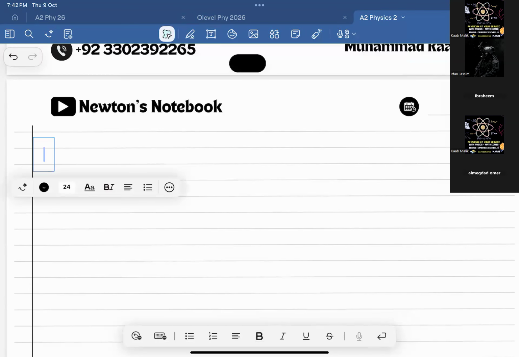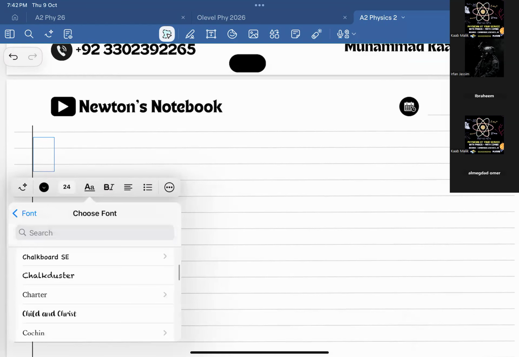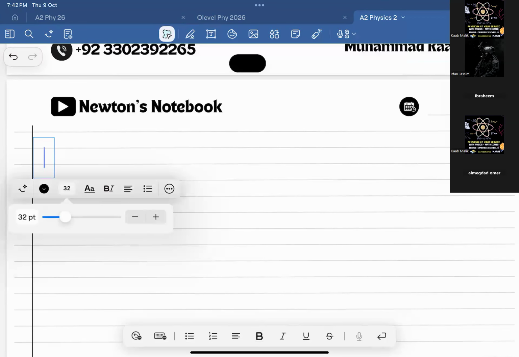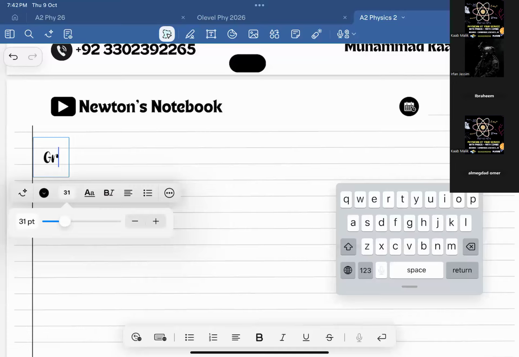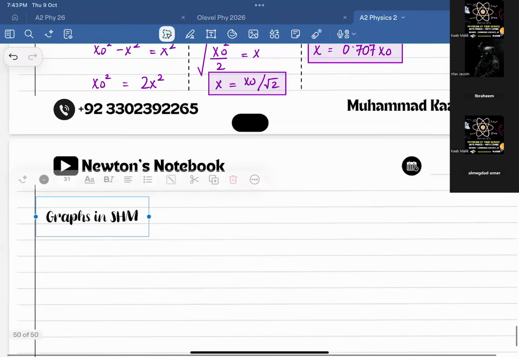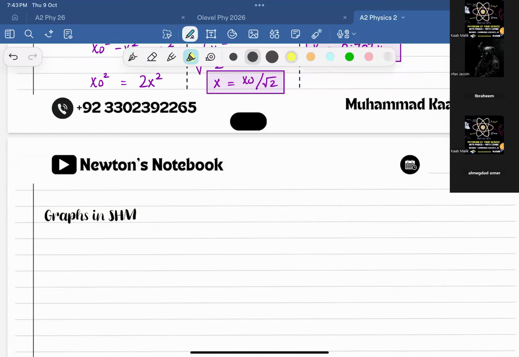I have these graphs in SHM. We have to understand some types of graphs, and then we'll be done with that concept, and there'll be one concept remaining after the graph one.